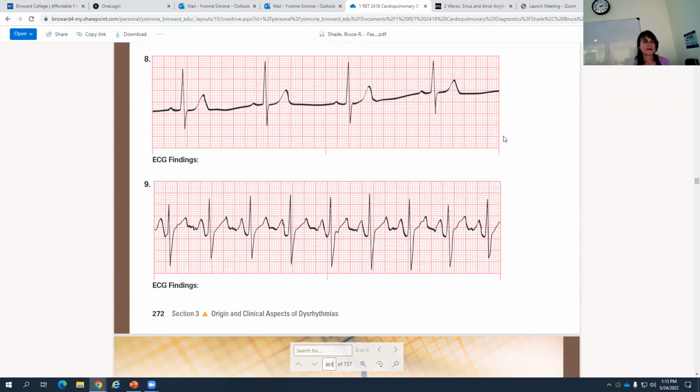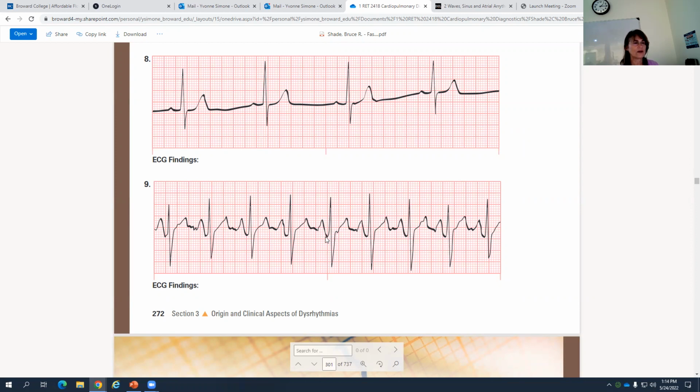Are there P waves? They're big, but there are P waves. And the PR interval, is that 3 to 5 small boxes? Yeah. Okay. And the QRS, is it less than 3 boxes?